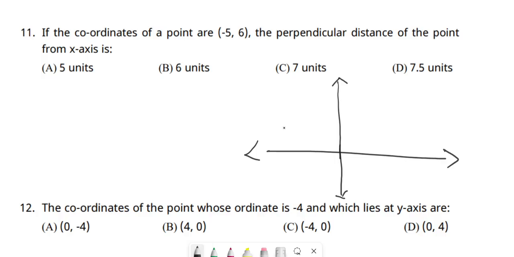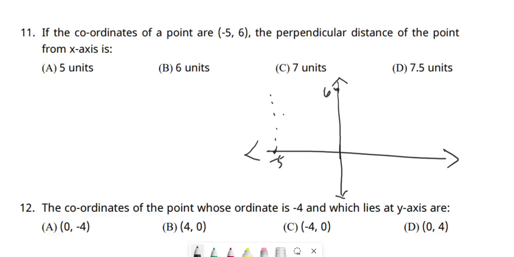Negative x-axis and a positive y-axis. So it will be in the second quadrant. So -5 is in x-axis and 6 is in the positive y-axis.